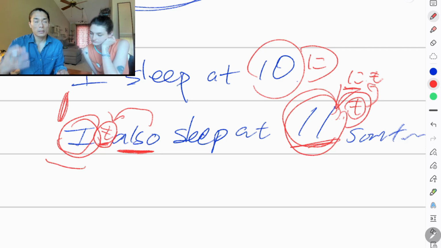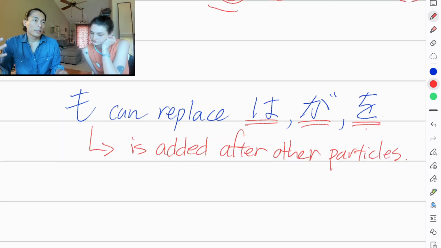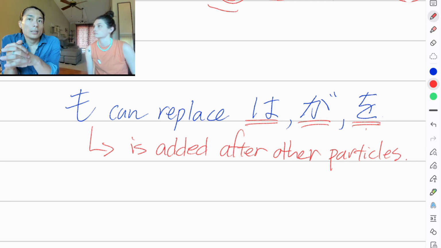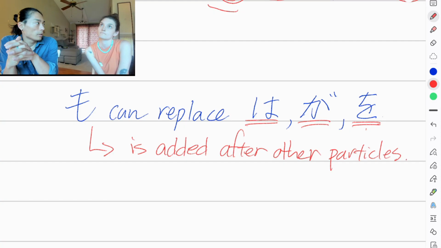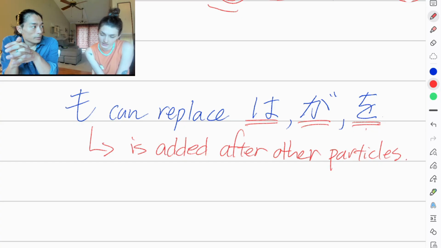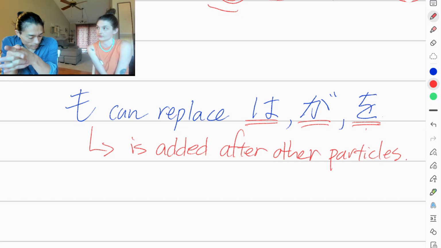Yep. When the contrasting info doesn't take wa, ga, o, but other particles, since mo cannot replace them, you just add it. When I say, like, I study at school, I also study at a coffee shop, then what particle would you put after coffee shop? Would it be de? Because you're studying at the coffee shop?